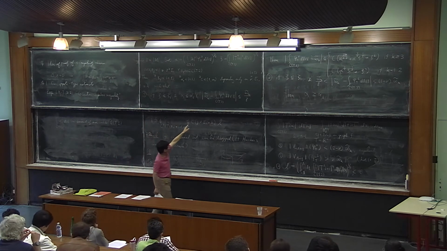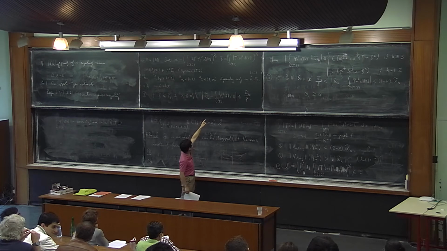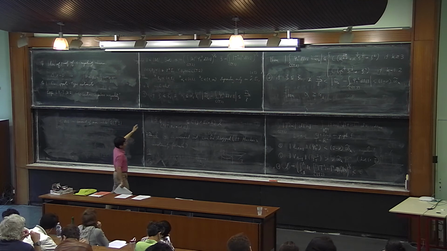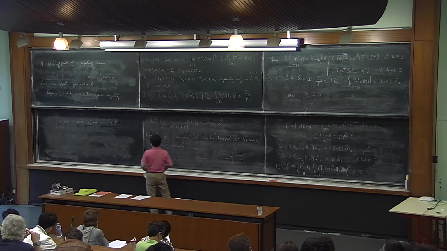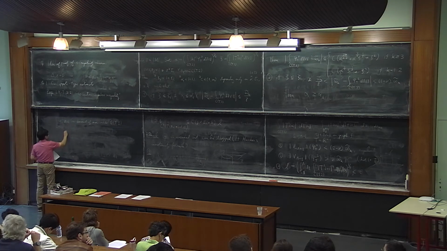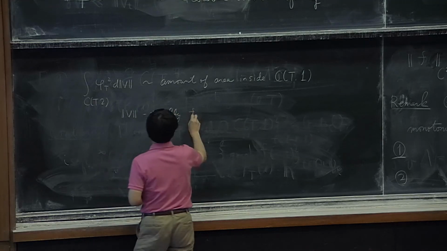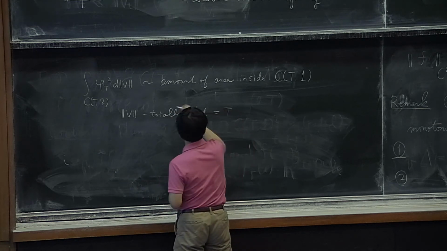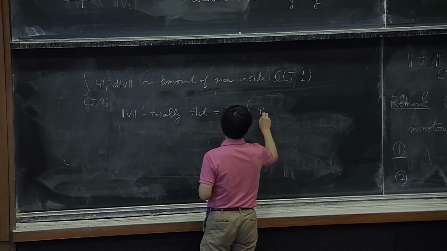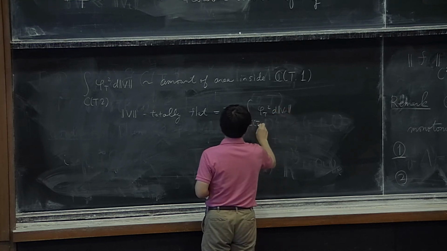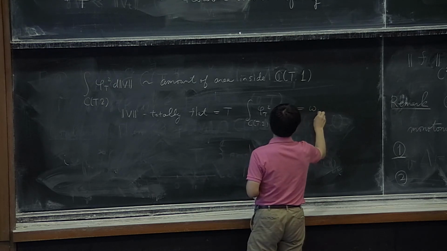So the amount of area inside the cylinder: if this is totally flat, say equal to T, then of course this is equal to phi T square dVt, which is precisely equal to omega k tilde.